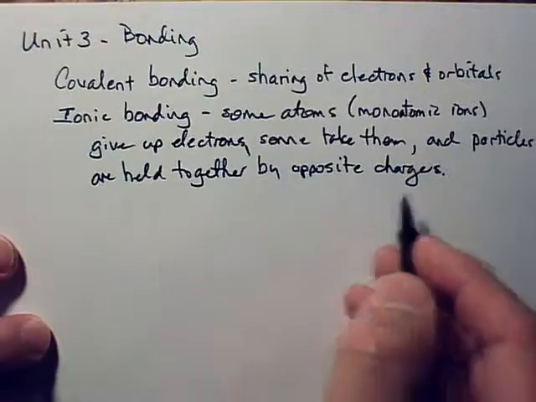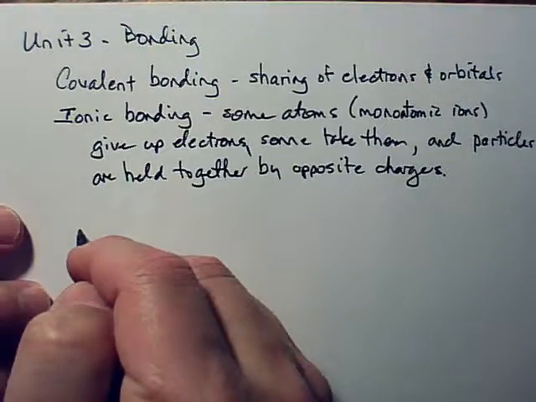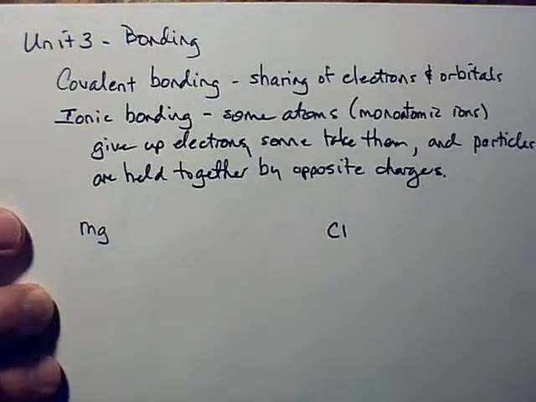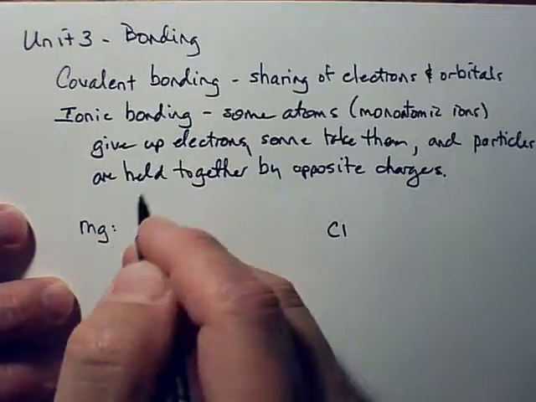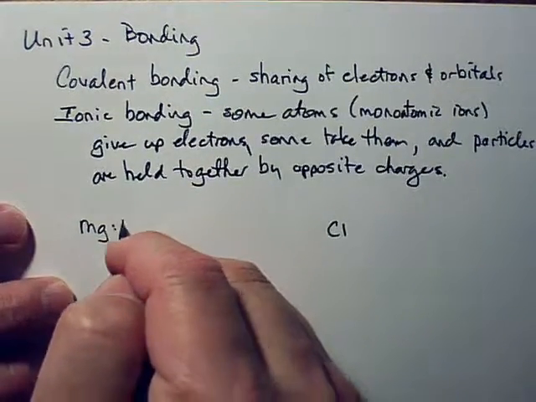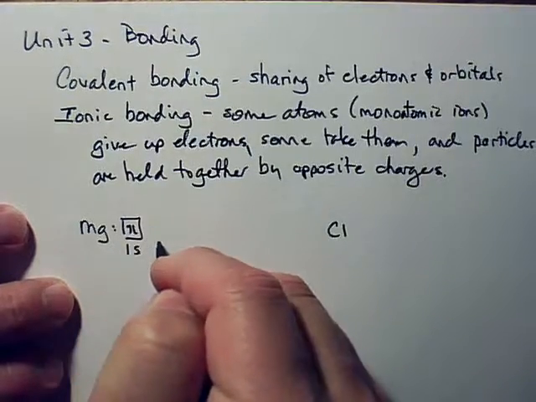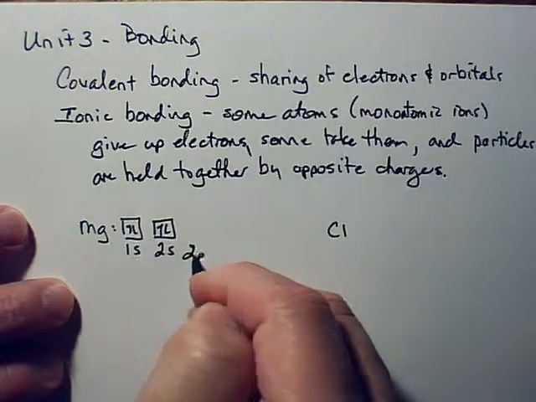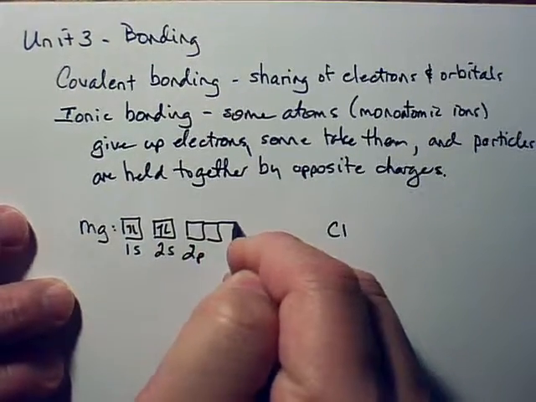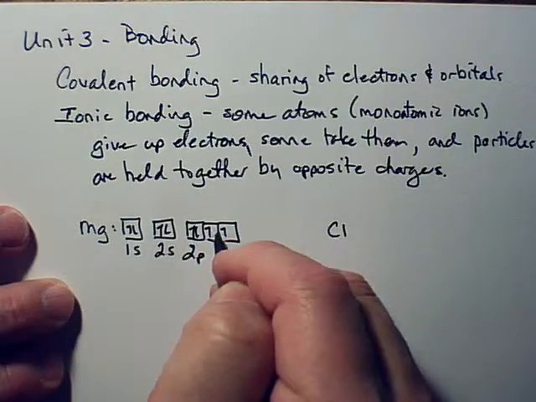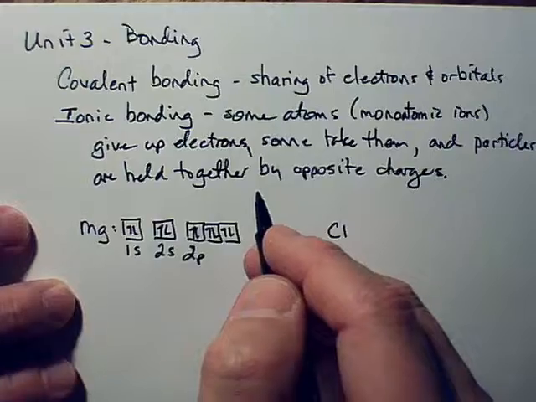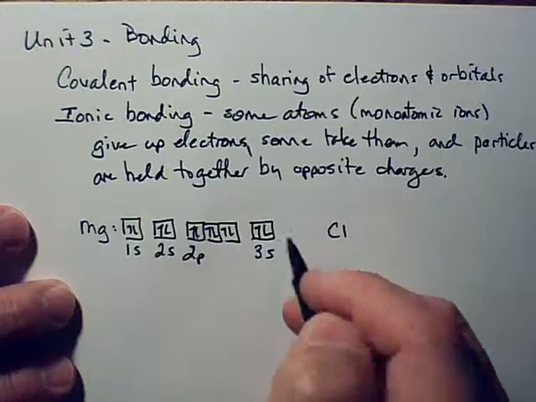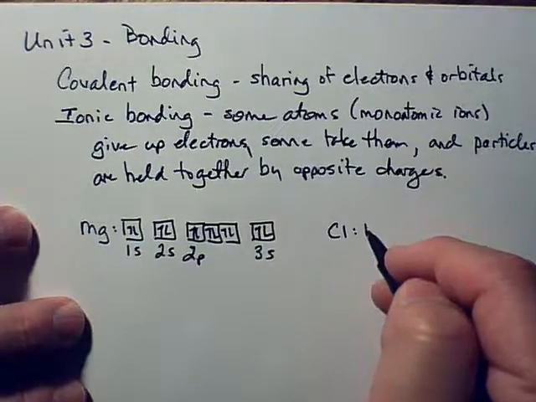All right. So if we're going to look at things like magnesium and chlorine, magnesium has an orbital notation that looks like this. And chlorine has an orbital notation that looks like this.